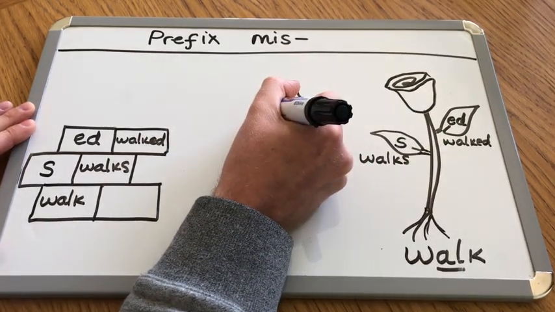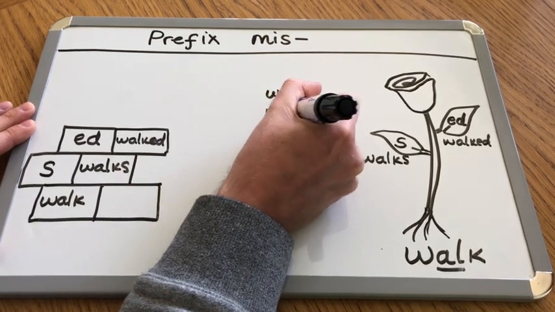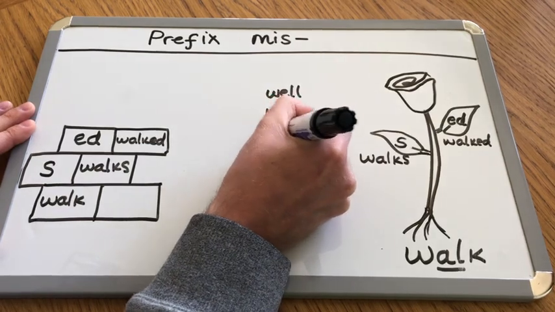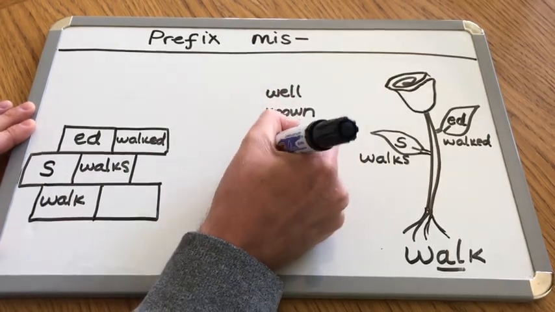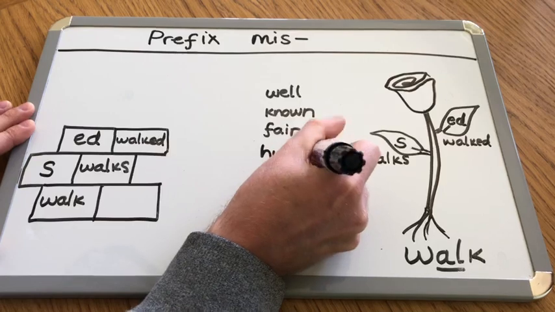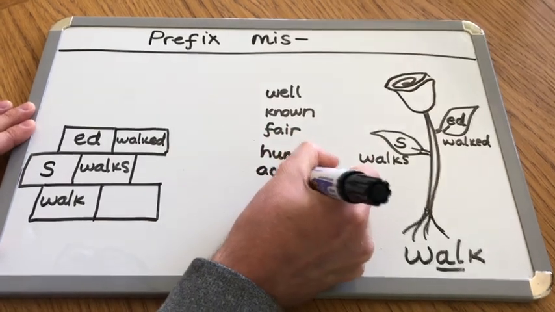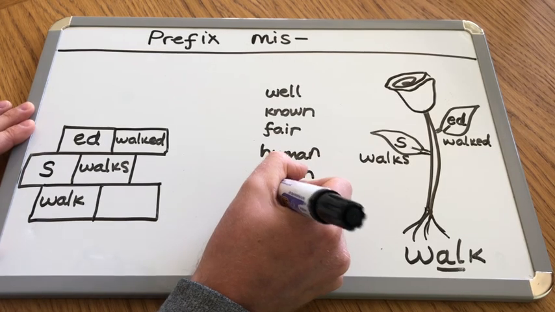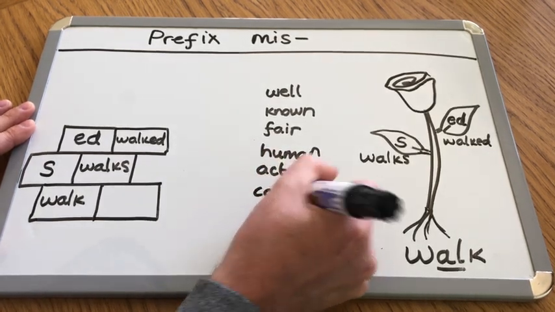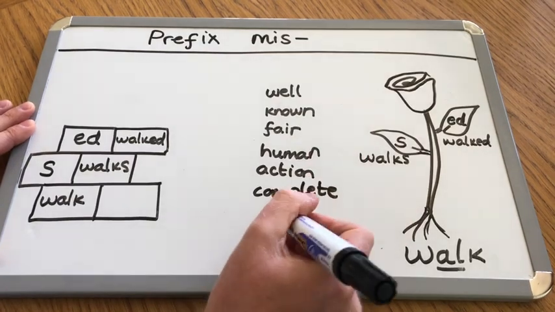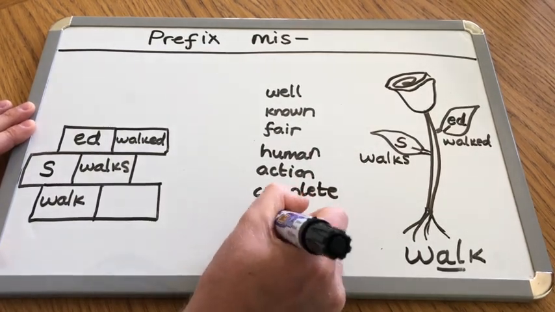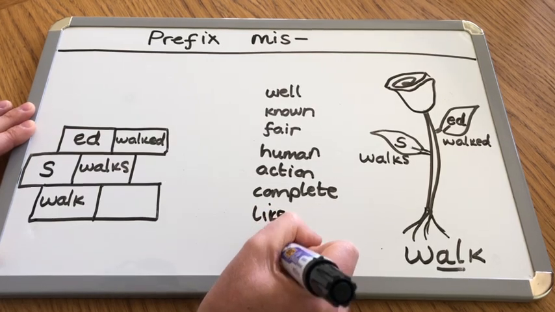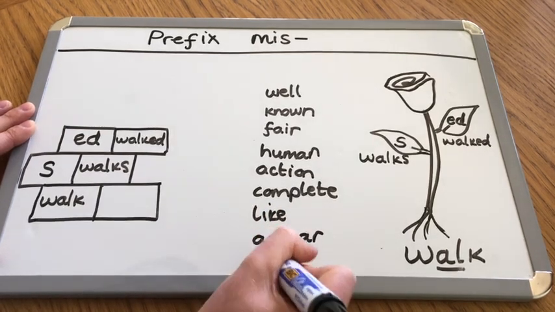So I have well, known, fair, human, action, and complete. And finally, I'm going to have like, appear, and agree.